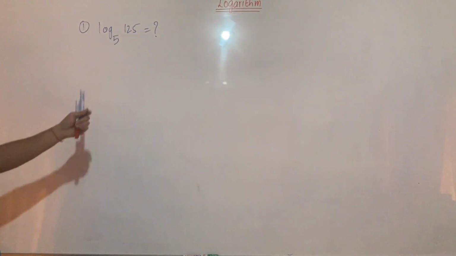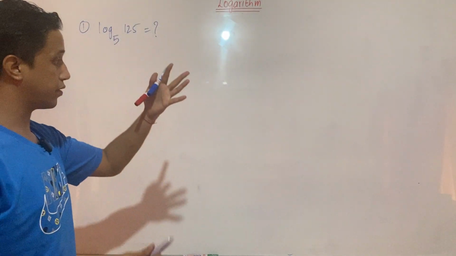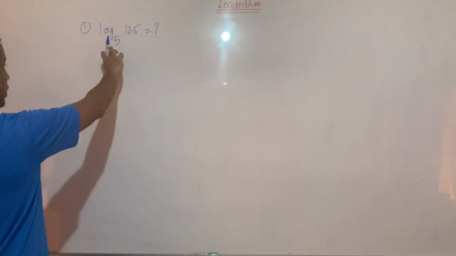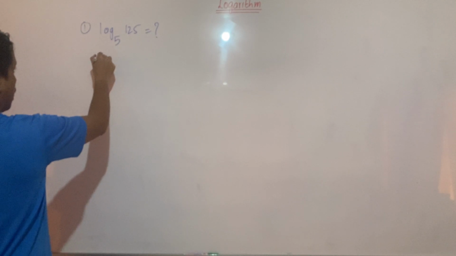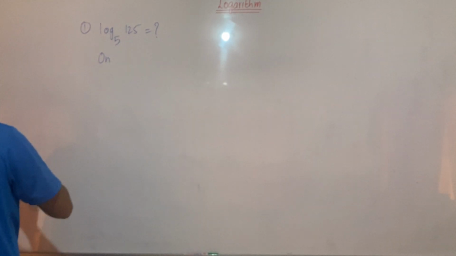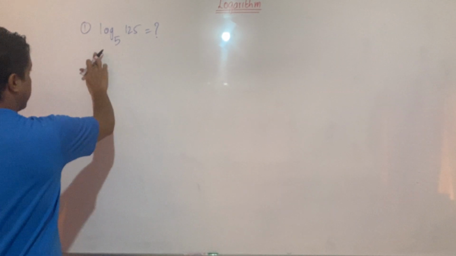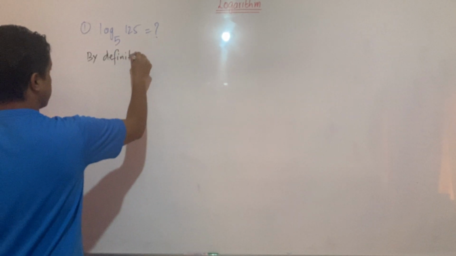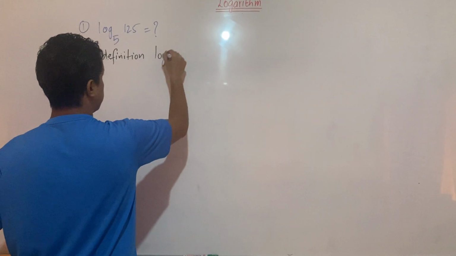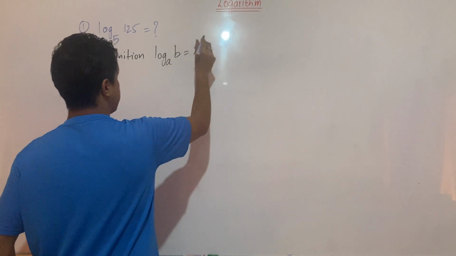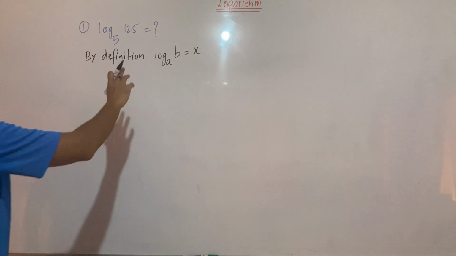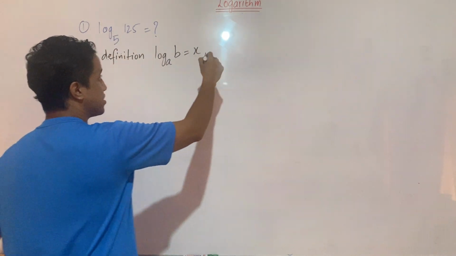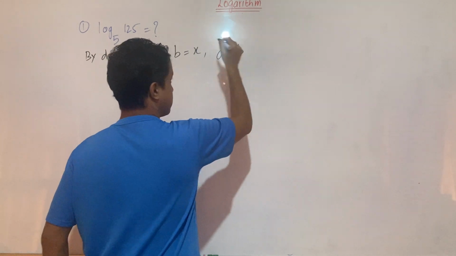This question is very easy. By definition, log of b to the base a is equal to x. If log of b to the base a is x, what does it mean? It means a^x is b.